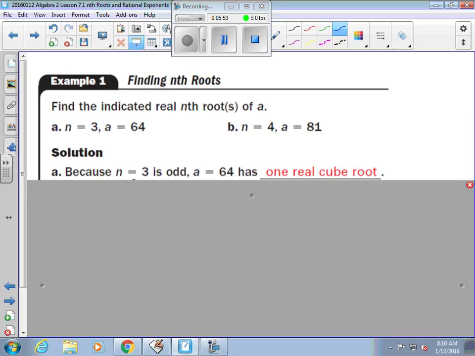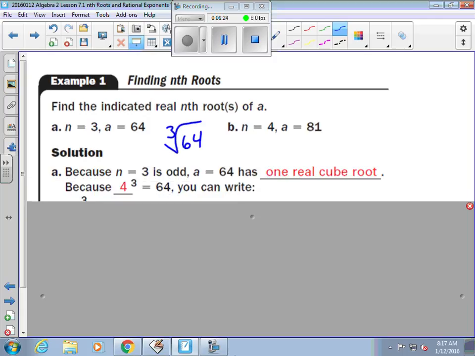Example number 1 is finding the indicated real nth roots of a. n is equal to 3 and a is equal to 64. Right away, since the index is 3, it will have one real cube root, no matter if 64 was positive or negative. So you would rewrite this as the cube root of 64.